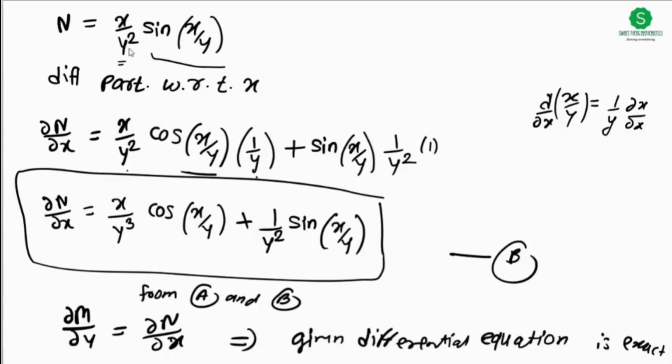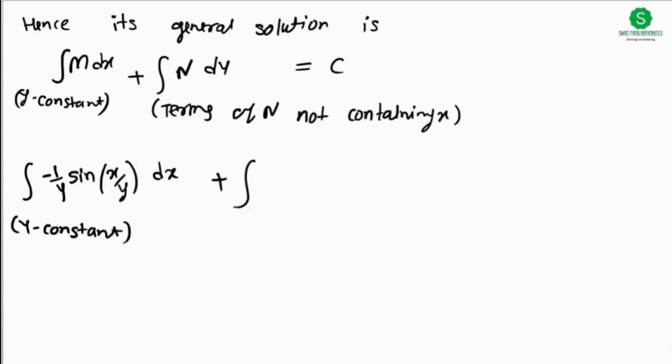So see here our n is this one, and it contains only one term, and that term contains x. That means a term without x is not contained in n. So here this is 0 dy equals to c. So there is no term in n without x, so we have to take 0. Now here integrate this term. Our y is constant, so minus 1 upon y we have to take outside.